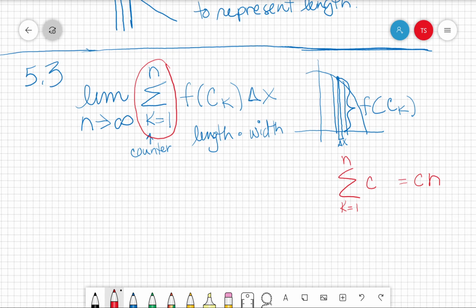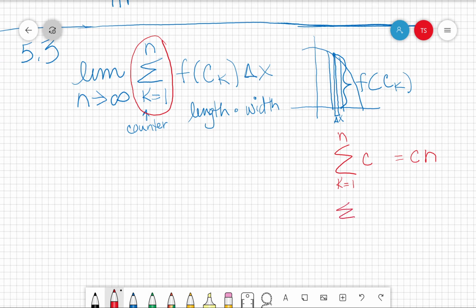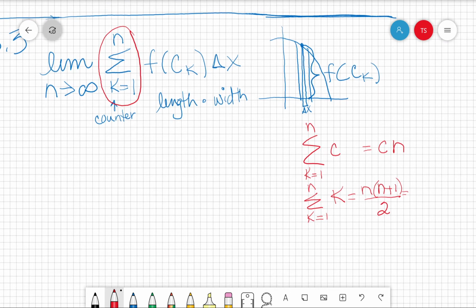These formulas are in your book and they're on the in-class practice sheet. If we have the sum from k equals 1 to n of k, this is n times n plus 1 divided by 2. Or simplified out, that's n squared plus n divided by 2.